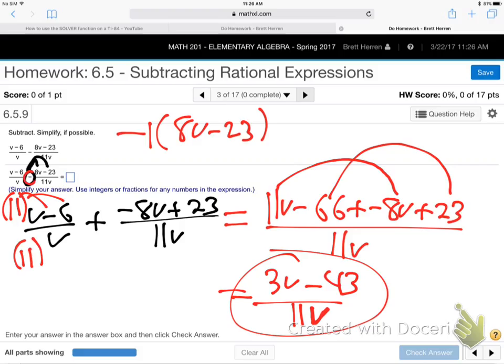That's what's really happening. It's like a minus 1 that's distributed, making it minus 8v and plus 23. That minus in the middle is a minus 1 multiplying the upper right. That's why it changes. It's distributing through the upper right as soon as you bring it up there.